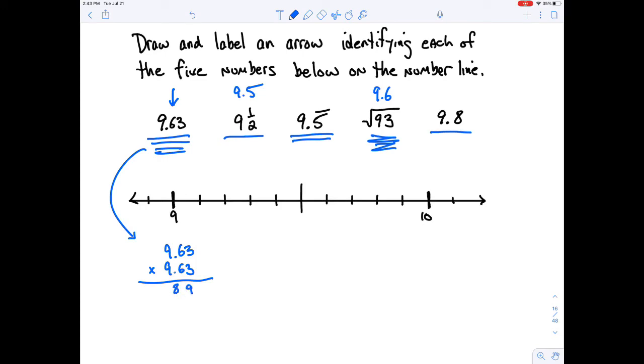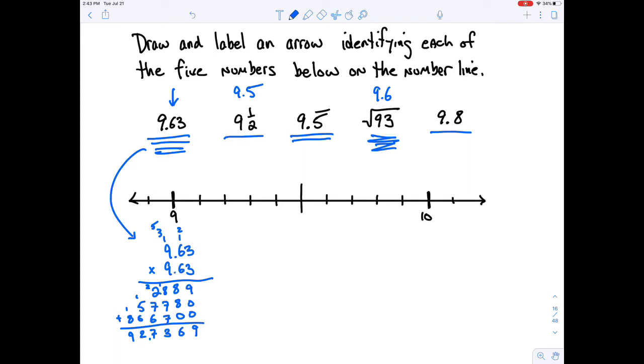And I end up with 92.7369. That's very precise, and that is lower than the square root of 93. So here's what I'm going to notice.